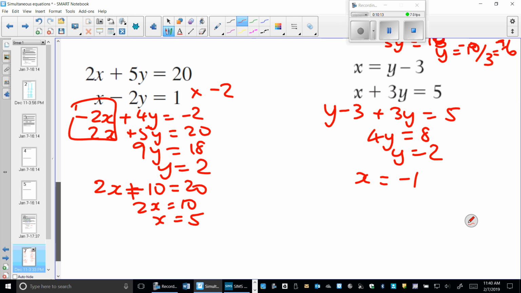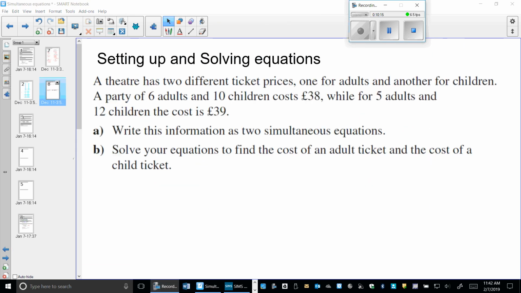Can you just scroll all the way up for a second? Right, okay, now these are the type of questions that people generally don't enjoy because there are lots of words involved. Unfortunately, I'm never going to be able to go through every single type of question you might get like this. You just have to use your noggin sometimes and realise that you're setting up simultaneous equations.